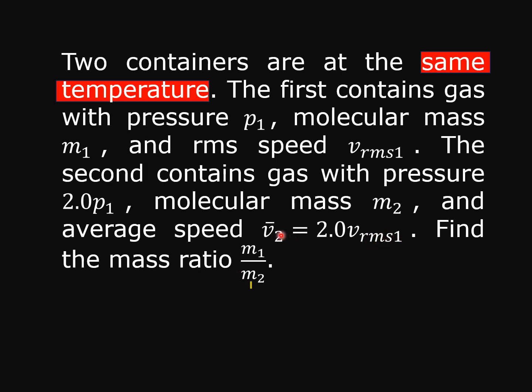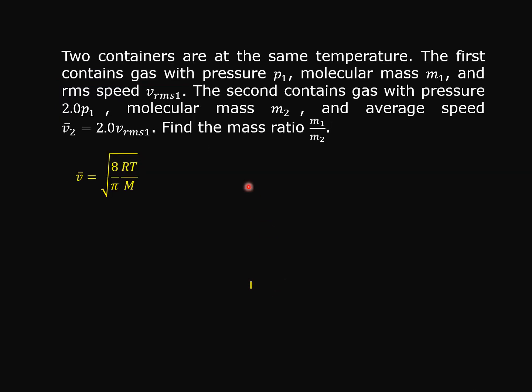So now we want to find the ratio of the masses between these two types of gas in the two containers. We start to solve the question by taking note that this is key information: the average speed for the second gas is 2 times the Vrms for the first gas.